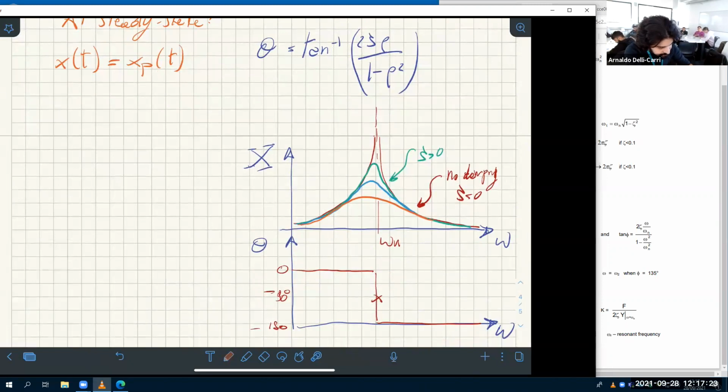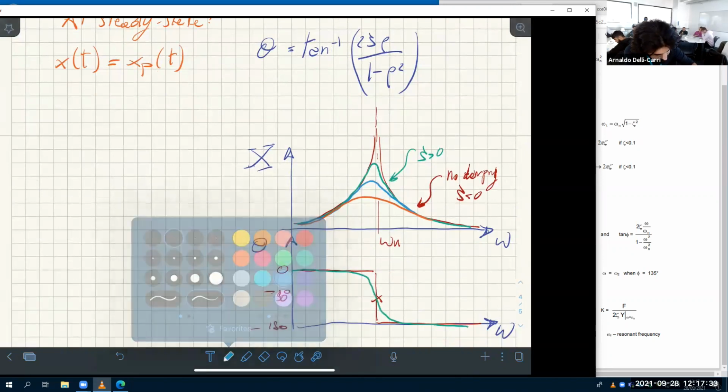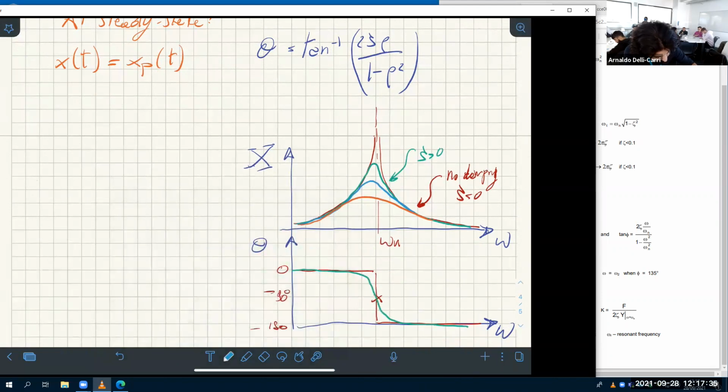If you have damping, this happens. If you have more damping, this happens. If you have more damping, this happens.